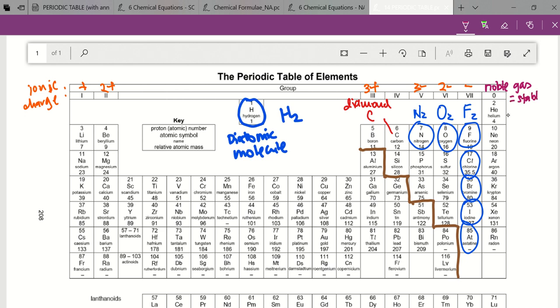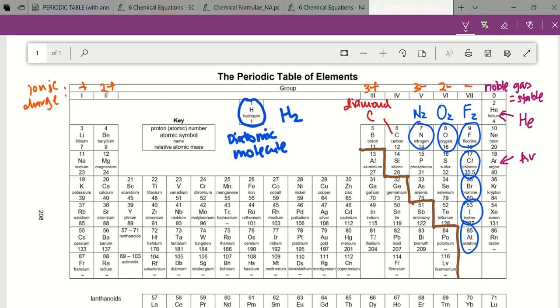So do they undergo bonding at all? They don't. So what will be the formula of the noble gas? It will just be the chemical symbol itself. So if I'm asking you what is the chemical formula for helium? It will just be the symbol itself, and the formula will be He. Similarly, if I ask you for argon, the formula will just be Ar.